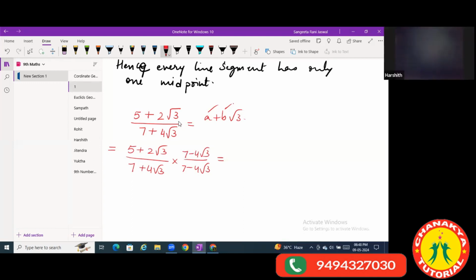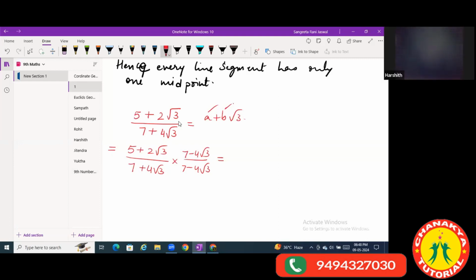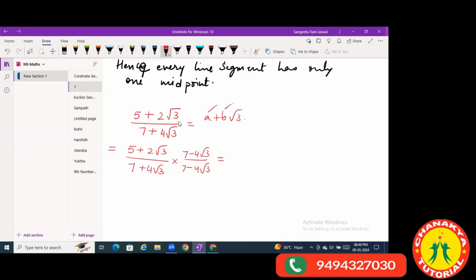Ma'am, 49 minus 12 into 3, which is 36. So when you rationalized this, you got... Tell me the complete answer. Okay, I'll do it here. Now see this.